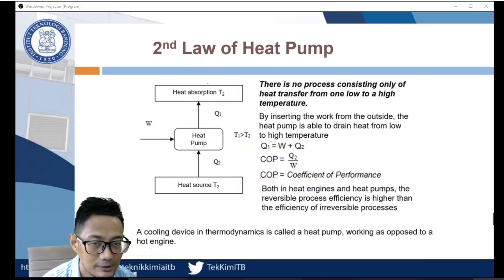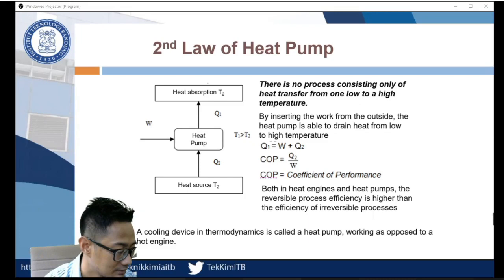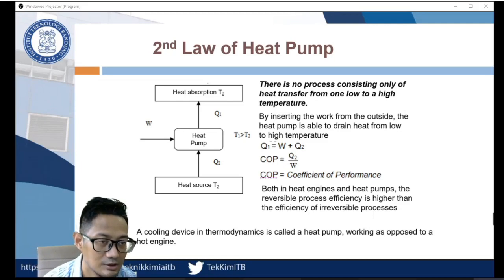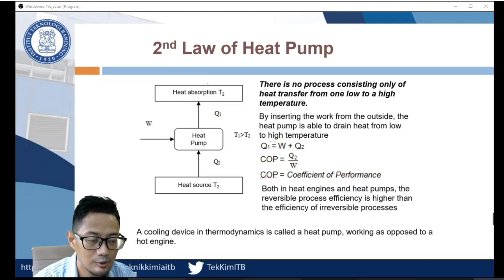Now let's try the opposite one, still using the basic principle of the second law of thermodynamics. The idea of the heat pump is similar with an analogy. Let's say we want to transfer water from a lower elevation to a higher elevation, because naturally water always flows from higher elevation to lower elevation.